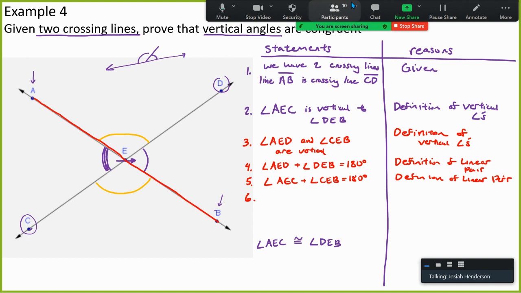So we can't subtract anything. Sorry guys, 1 second.